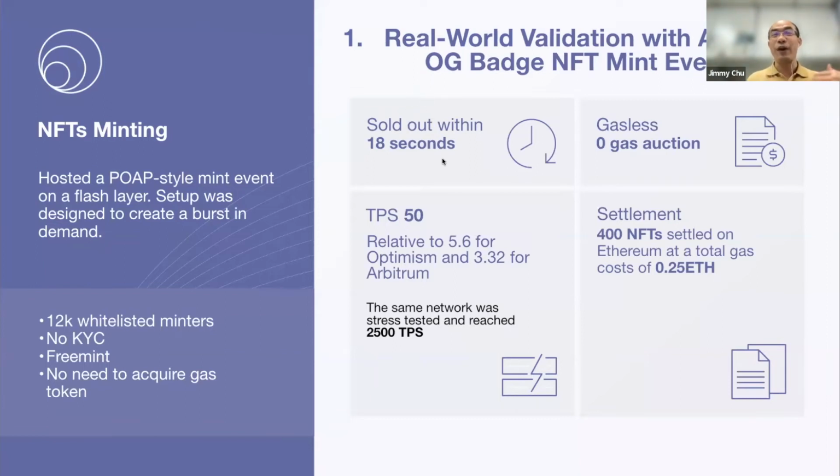With 400 NFTs done in 18 seconds, it averages out to processing about 50 transactions per second. The whole transaction cost, all the gas fees, totals about 0.25 ETH on our mint. Finally, they are all rolled up to Ethereum, and now they are listed on OpenSea.